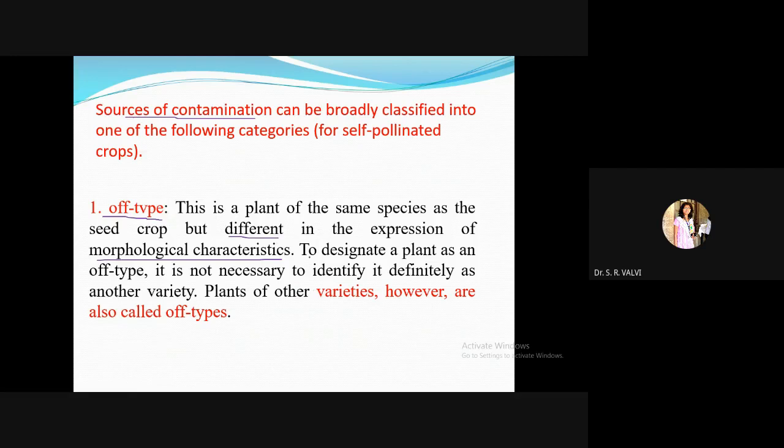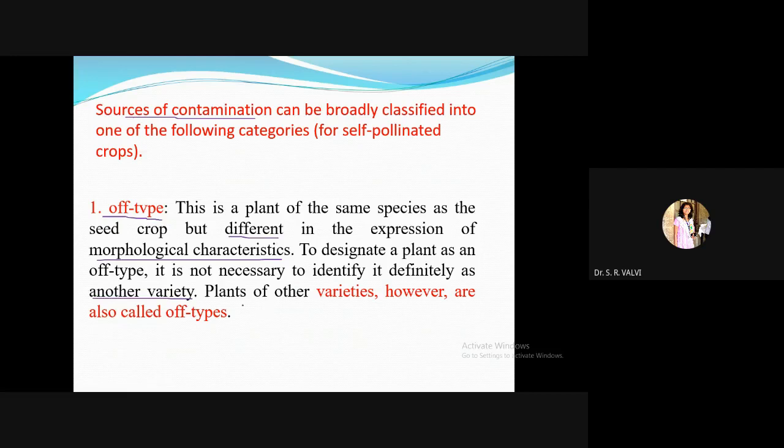Second thing, to designate a plant as an off type, it is not necessary to identify it definitely as another variety. Suppose there must not be a different variety growing along with your main variety. It is not necessary to have a different variety along with your main variety.